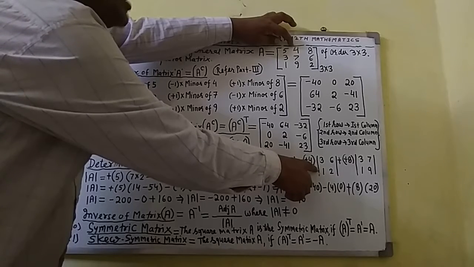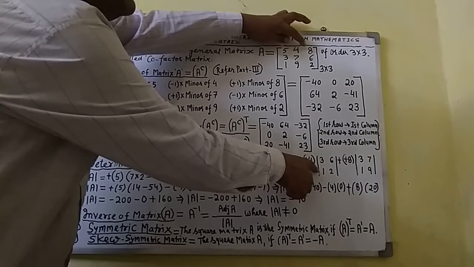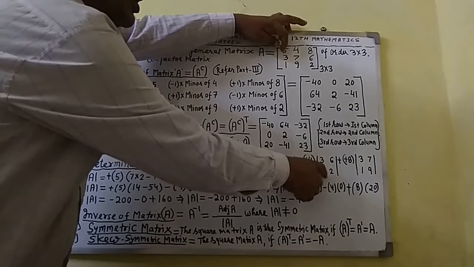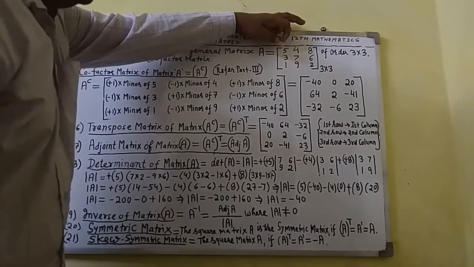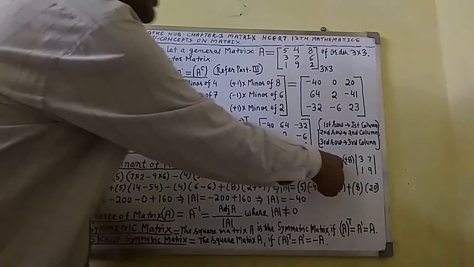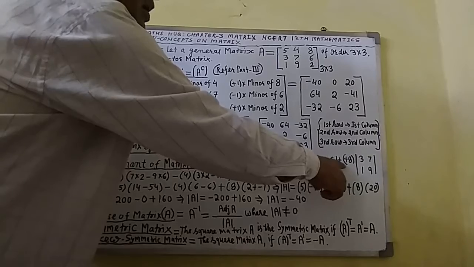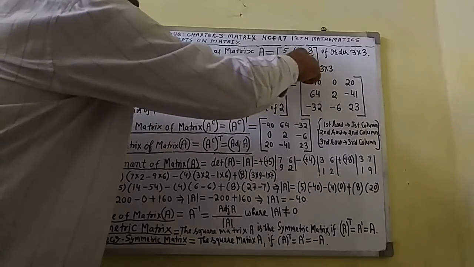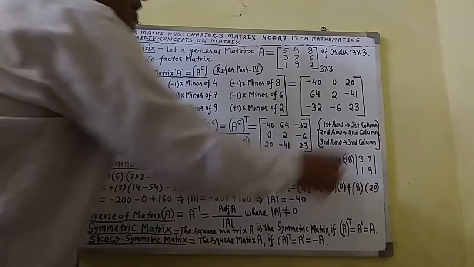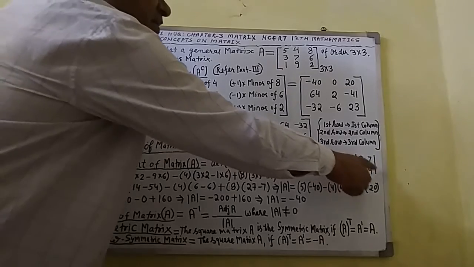Then the minor of plus 4 will be 3, 6, 1, 2. Plus here the plus sign is fixed, constant. After that we will write plus 8, and multiply it by the minor of plus 8, this one.